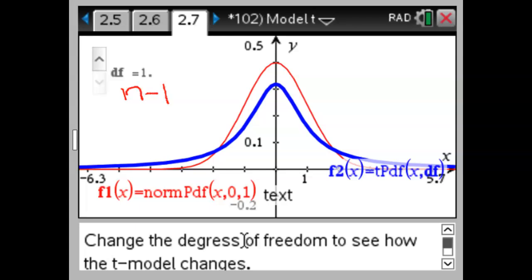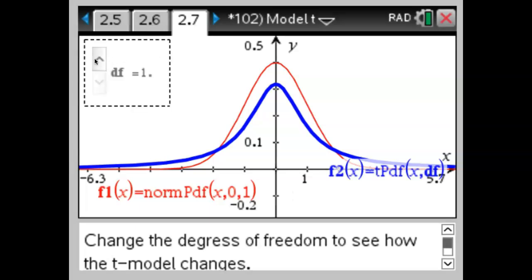Basically, our t distribution, the blue here, is going to fluctuate depending on the size of our sample. Here we have a little arrow that's going to let me swap around the size of the sample.